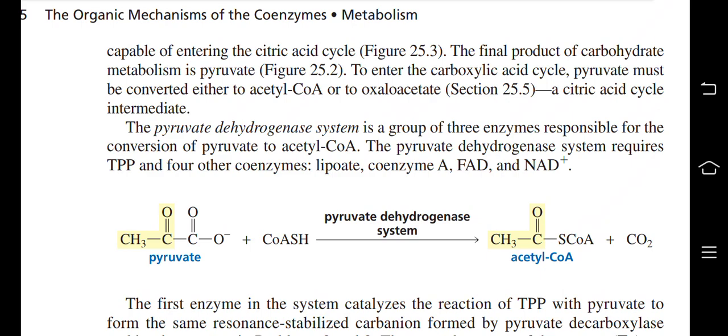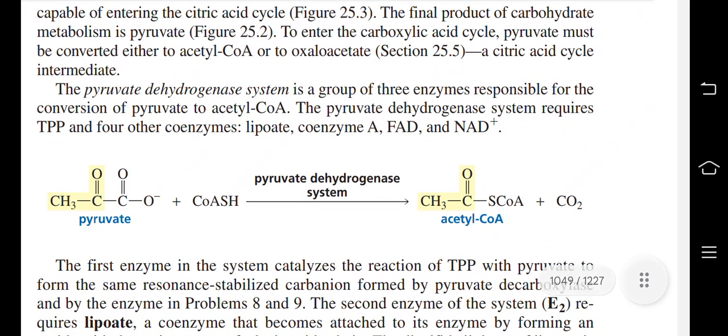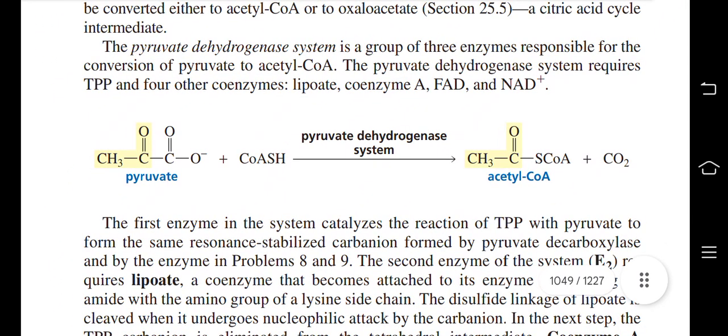a citric acid cycle intermediate. The pyruvate dehydrogenase system is a group of three enzymes responsible for the conversion of pyruvate to acetyl coenzyme A. The pyruvate dehydrogenase system requires TPP and four other coenzymes, that is lipoate, coenzyme A, FAD and NAD positive.